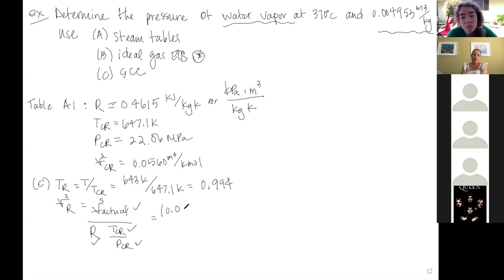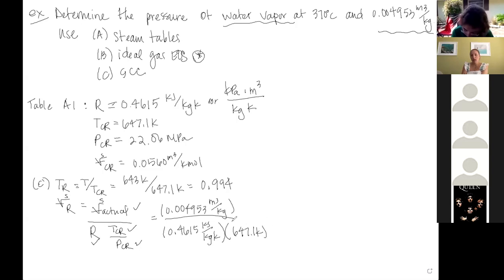So 0.004953 cubic meter per kilogram divided by our R value, 0.4615 kilojoule per kilogram Kelvin, times our critical temperature, which is 647.1 Kelvin, divided by our critical pressure, which is going to come up to the top here, 22.06 megapascal.